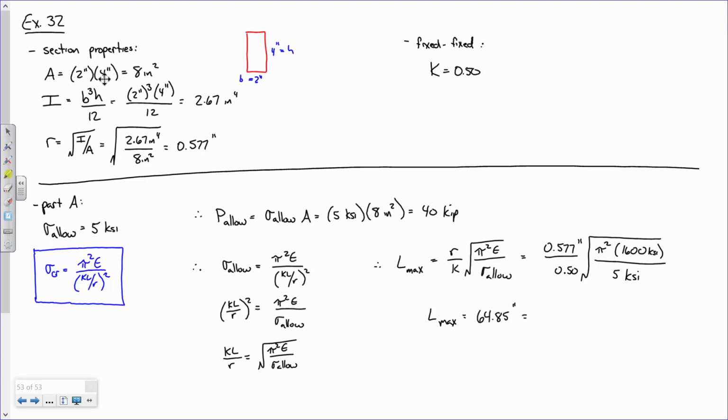Or how many feet is that? 5 foot 4 inches. Well, 5 point however many feet. 0.4. Is that about right? Okay. So, first off, that's our answer.